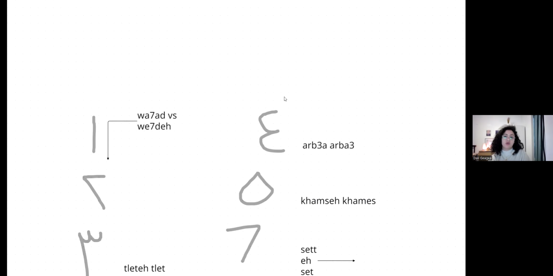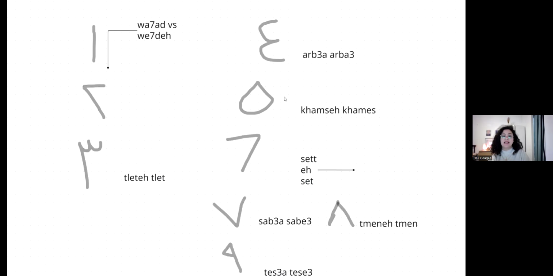If we want to say 2 houses, we just add "an": بيتين. 3 houses, ثلاث بيوت. 4 houses, أربع بيوت. 5 houses, خمس بيوت. 6 houses, ست بيوت. 7 houses, سبع بيوت. 8 houses, ثمان بيوت. 9 houses, تسع بيوت. Okay, so just a slight difference, but you change it when you're describing the number of something.